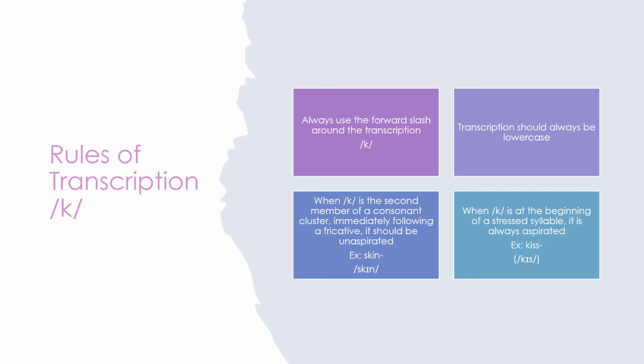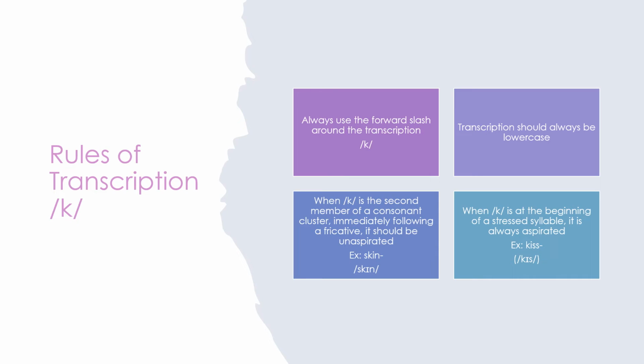Getting a little more technical down here, when K is the second member of a consonant cluster, immediately following a fricative, it should be unaspirated. So that's basically saying when you have a word and K is not the stressed syllable, it should be unaspirated.